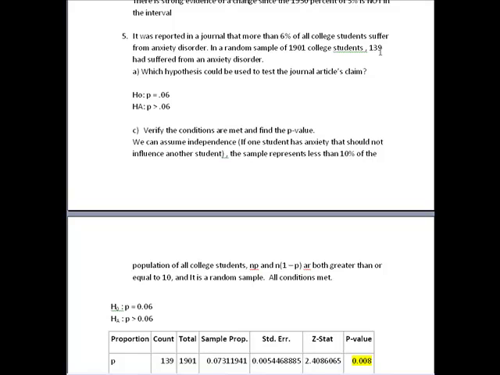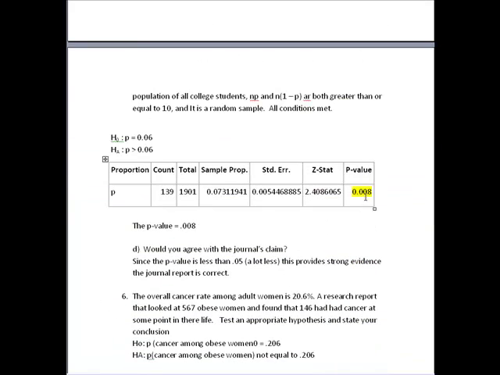There were 139 successes out of 1,901 observations. I'm going to choose the alternative to be greater than 0.06, and my p-value turns out to be 0.008, which is less than 0.05. So the p-value is 0.008. Would you agree with the journal's claim?